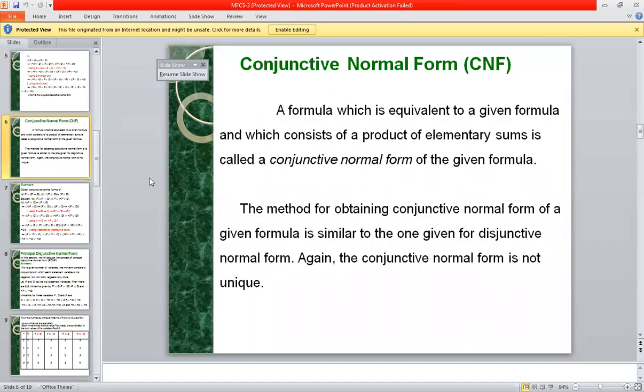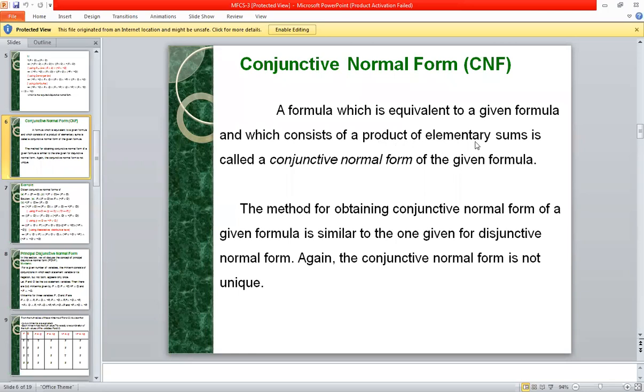Next one, conjunctive normal form. The shortcut form is CNF. A formula which is equivalent to a given formula and which consists of a product of elementary sums.